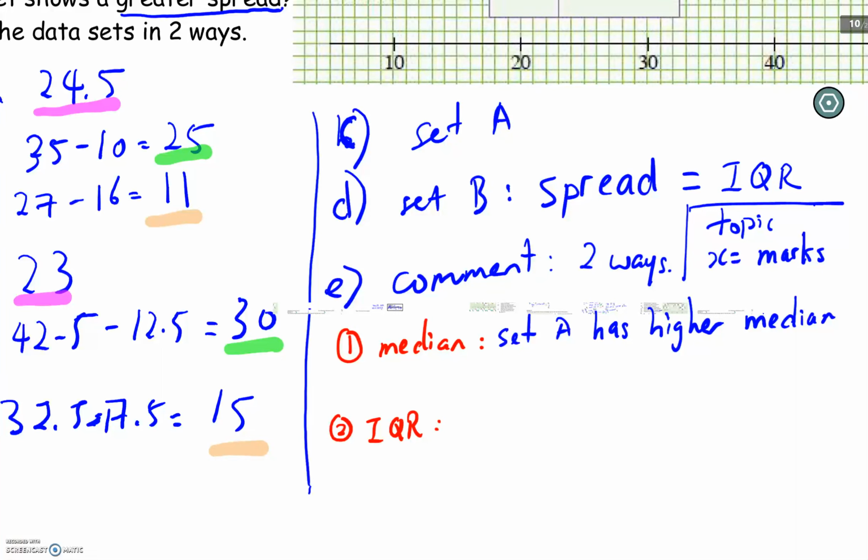Class A. So set A got a higher median. That means higher median means the average mark is higher. That means class A perform better. You understand? So higher median means class A perform better.